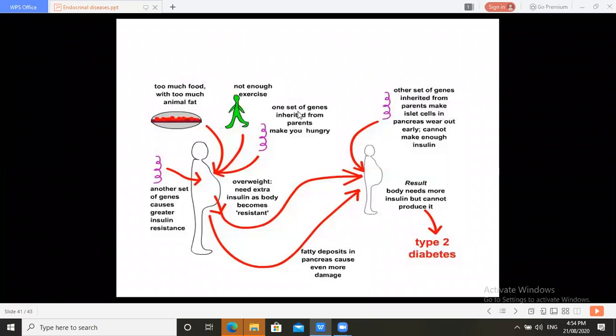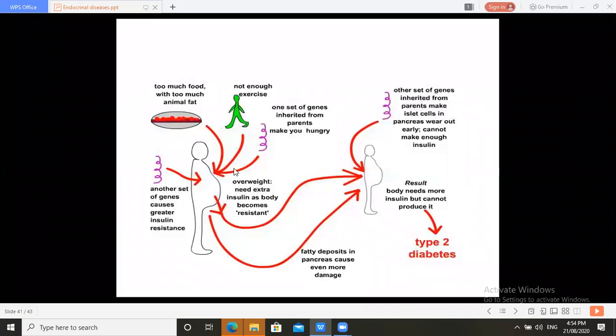then genes, genetic involvement is there, inherited genetic predispositions from the parents that make you hungry, and this hungriness is also related with a high carbohydrate diet. Whenever you take more carbohydrates, you feel hungry within little intervals.